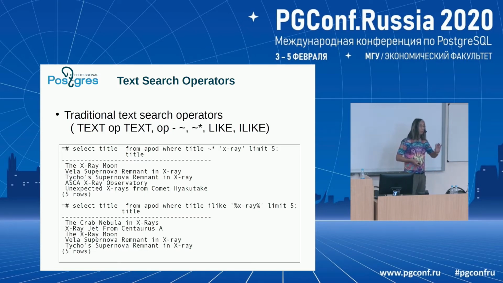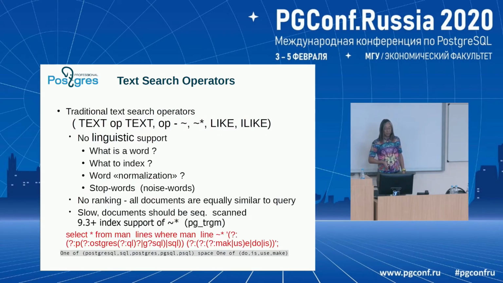So traditional text search operators are like this one, very well-known operators like text, LIKE, and ILIKE with asterisks. You can use them and everything will work. You type something, you find something. There is only one problem: there is no linguistic support in such queries, because these operators do not understand what is a word, what is an index.